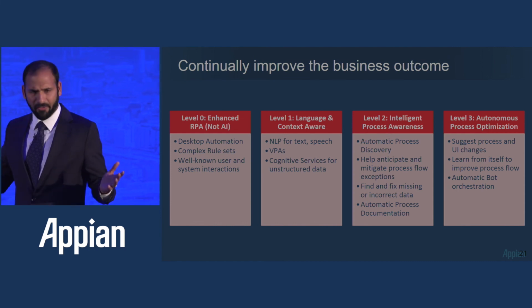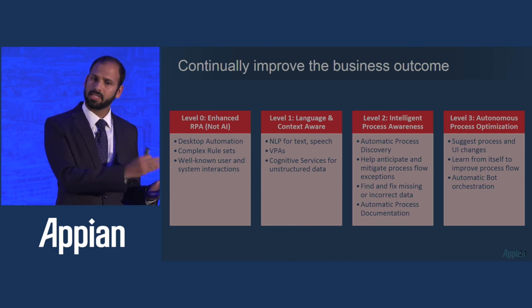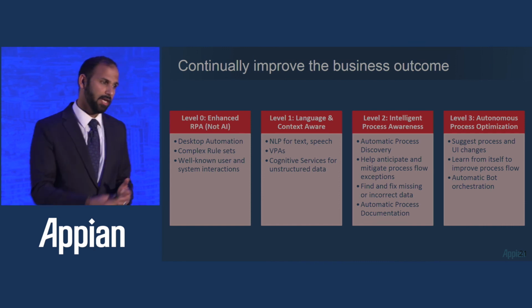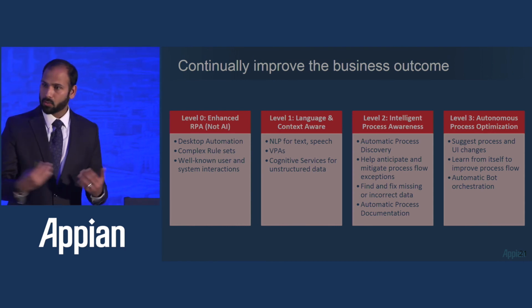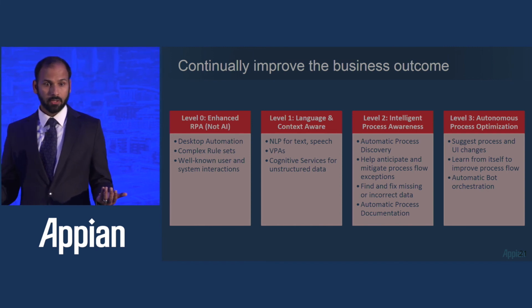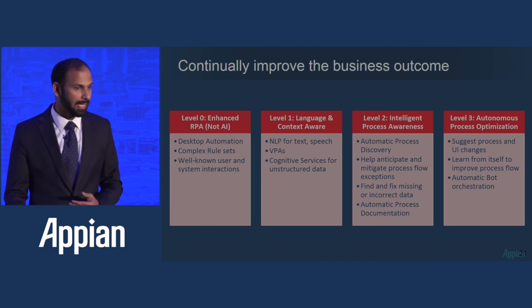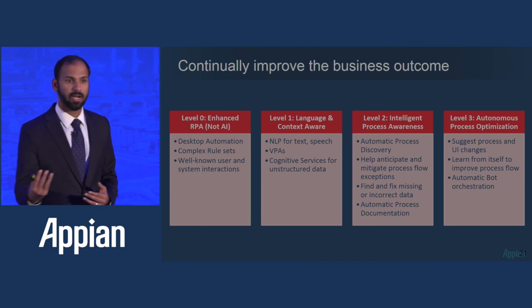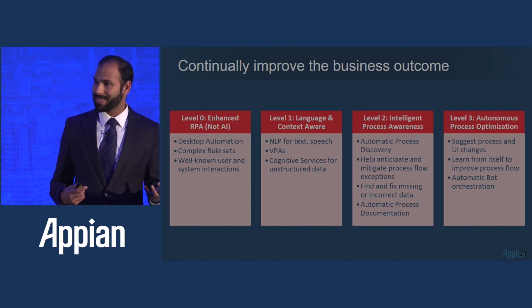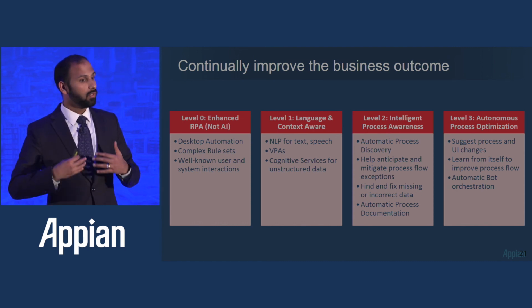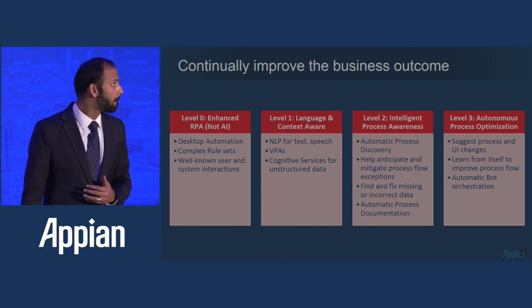Like, for example, it's like manufacturing a car. Once you know how to do that car, you're always going to follow the same rules. So that is level 0. Then you have progressed to level 1. Level 1 is what I've been showing you, like introducing RPA, introducing natural language processing, or sentiment analysis, or visual recognition, all the AI capabilities to empower your organization to move the workforce efficiency towards a better ratio.